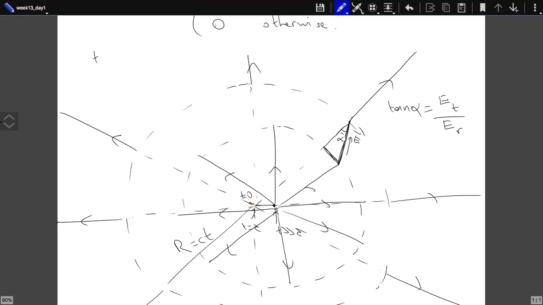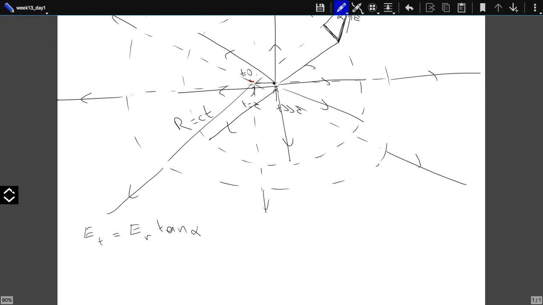Nothing really changes. Well, the radial component will be continuous. So it will change from this value to this value in this region. But the value here and the value over there are more or less the same. So the radial component doesn't really change. We know what the radial value is.